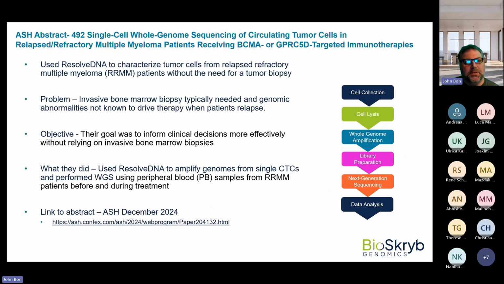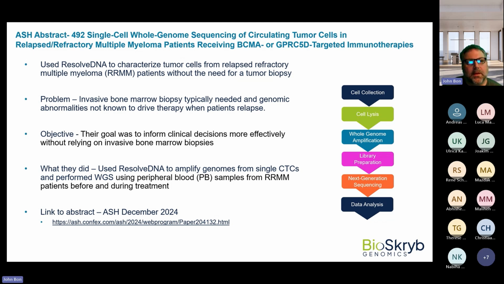One, I did mention earlier that there's hem-onc applications as well. So there's going to be an abstract at ASH from a study that's done with multiple myeloma patients. I think there's about 16 patients, almost 500 cells were looked at.